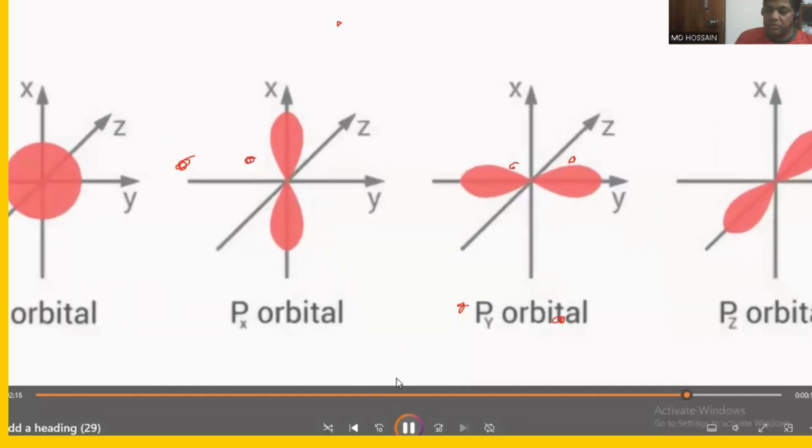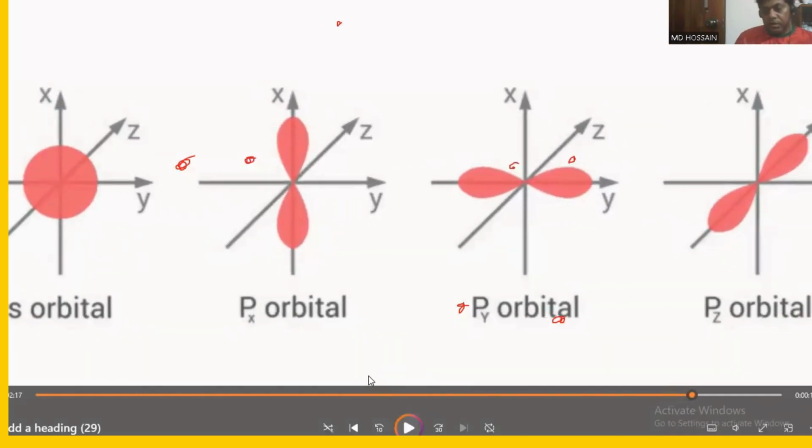Then next, this slide. This is s orbital. This is p orbital. P orbitals are divided into three suborbitals, which are known as px, py and pz. So this is the classification of the p orbital.